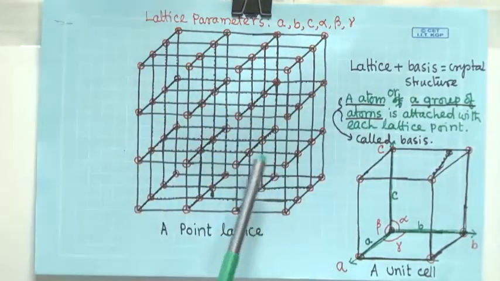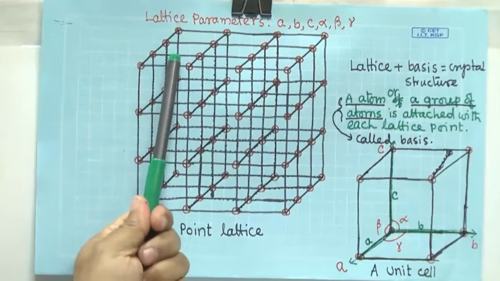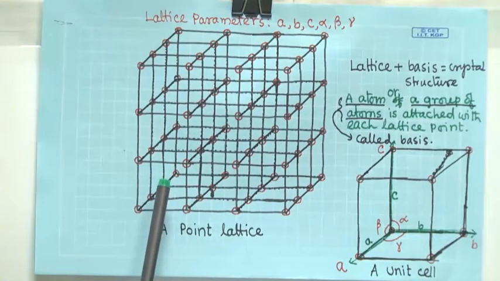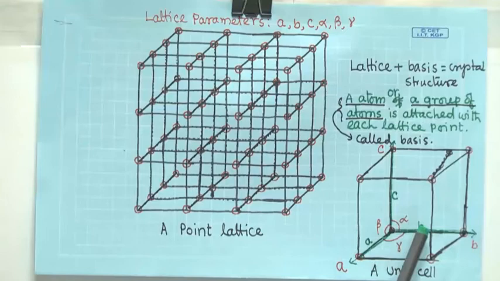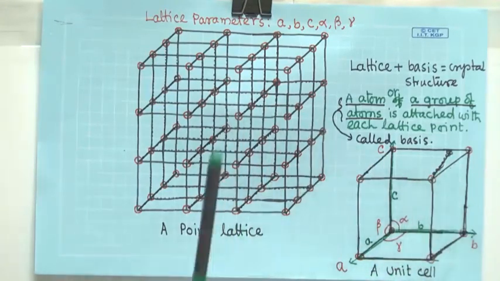One can get this lattice by repeating this unit in space. One unit I have taken from here and drawn here. This is called the unit cell. The repetition of these unit cells in all three directions gives the lattice.